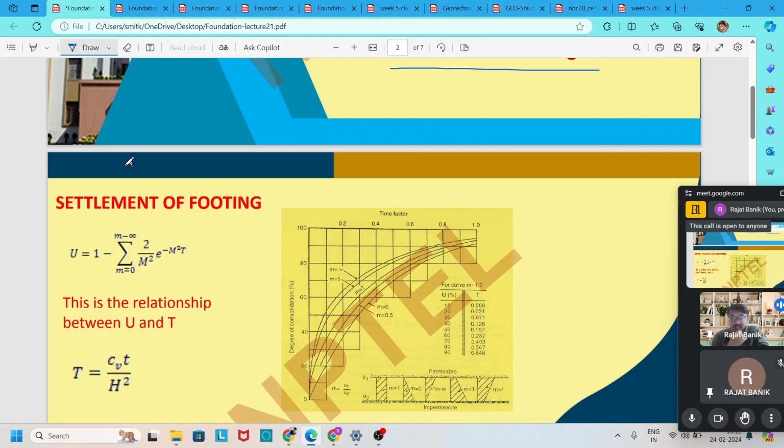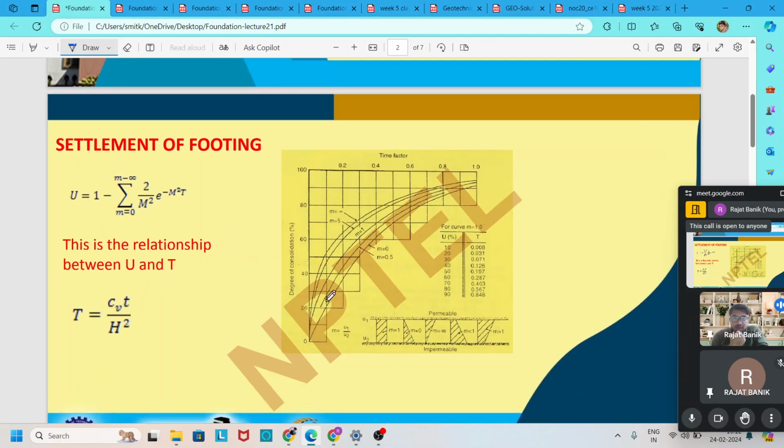First we discuss the primary settlement based on the degree of consolidation. We know that the degree of consolidation depends on the time factor. The time factor is nothing but a constant which depends on the coefficient of consolidation, the time taken in the consolidation, and the thickness of the consolidated layer, that is, the square of the drainage path.